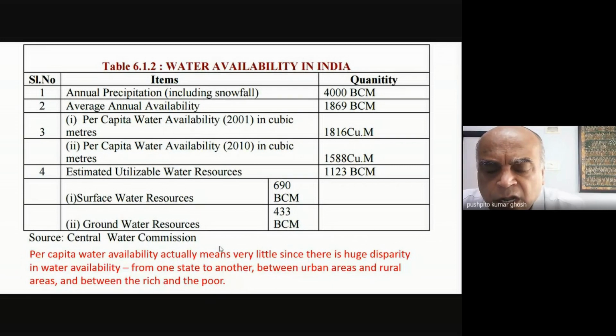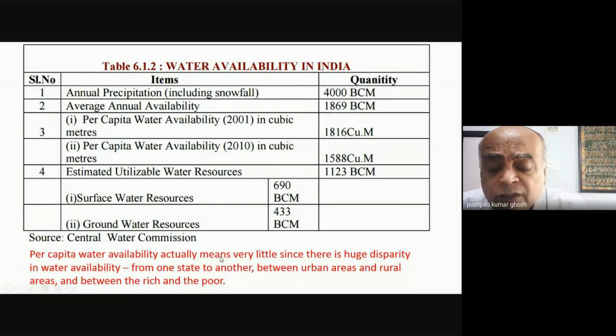So it's not enough to just know these average values. You'll also have to see what is the local distribution. And if you're a good planner, you will plan your industries, etc., based on the local distribution of water.